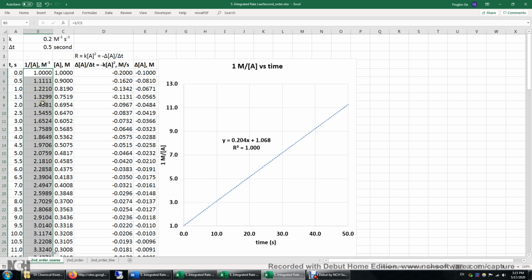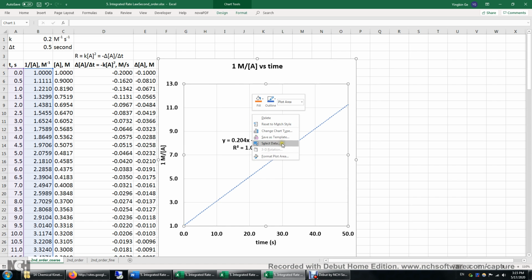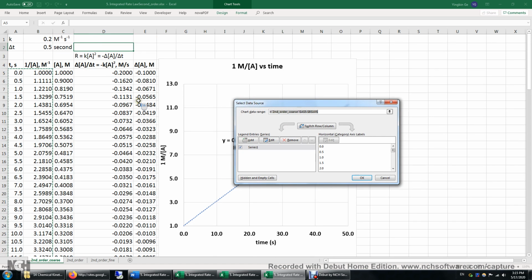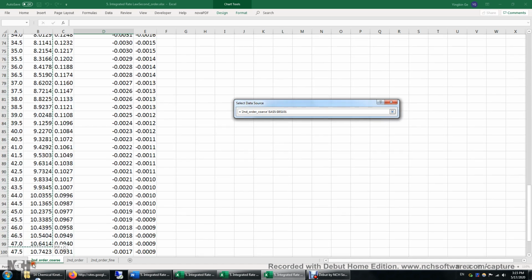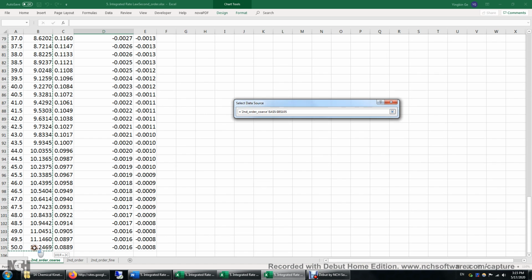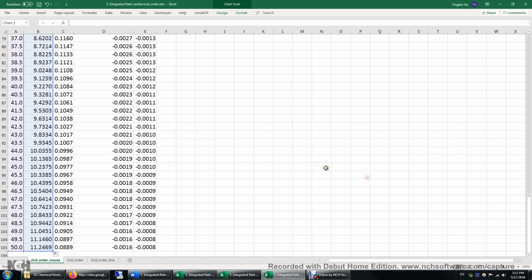I got 1 over A. So 1 over A increases as A decreases, right? And the reason I put this column here is that it's easier to select data. What I did is I can just select all this data from here all the way to the last row.